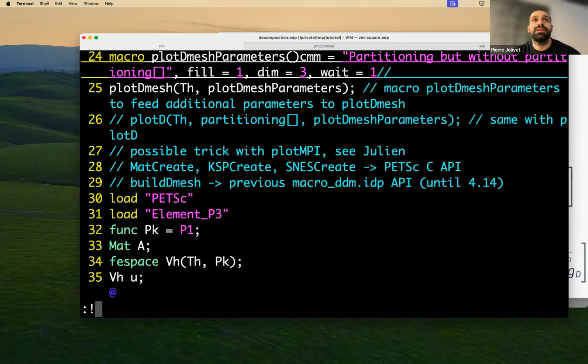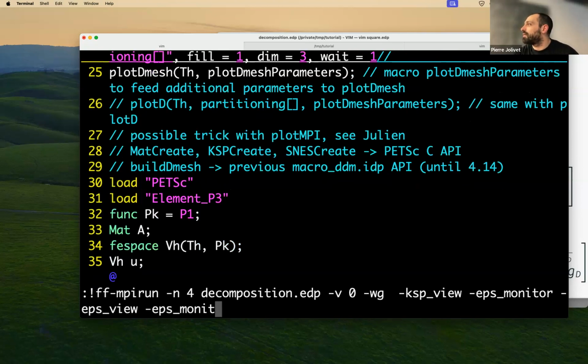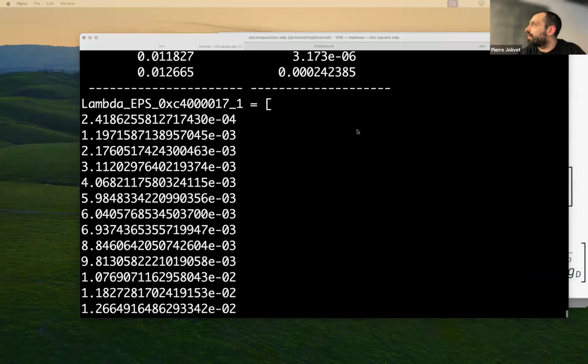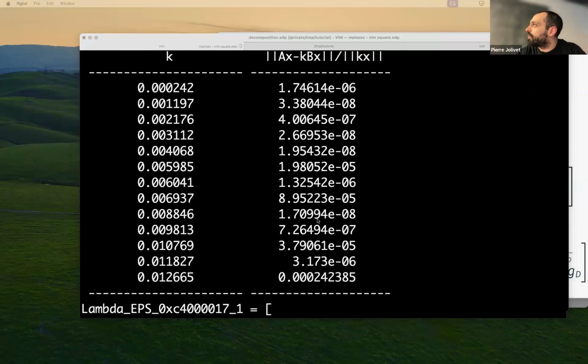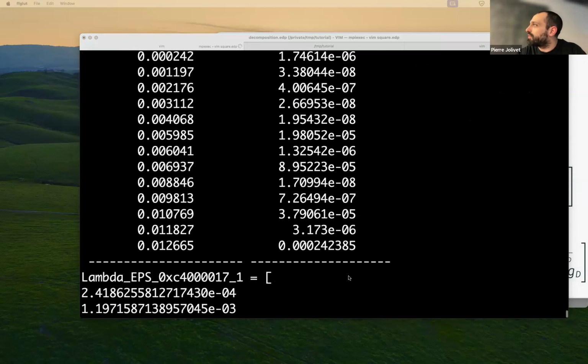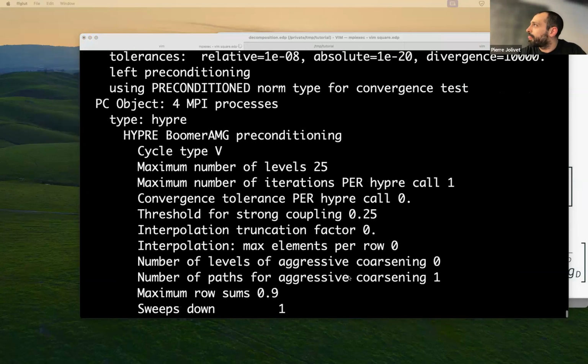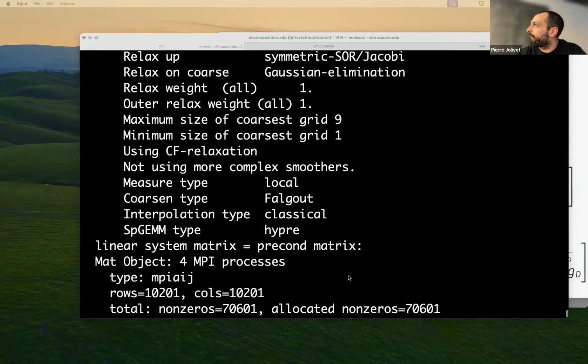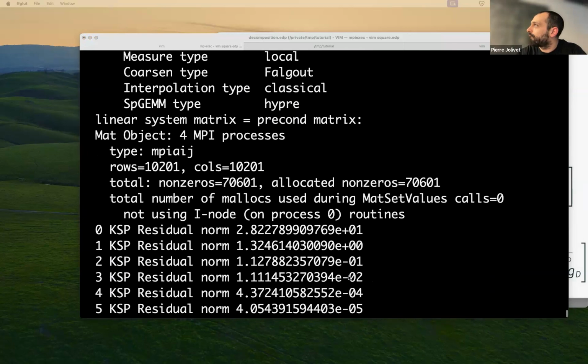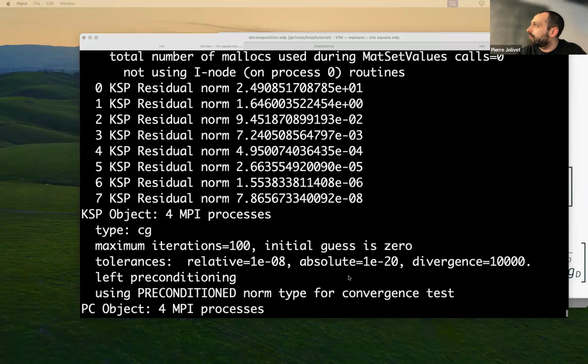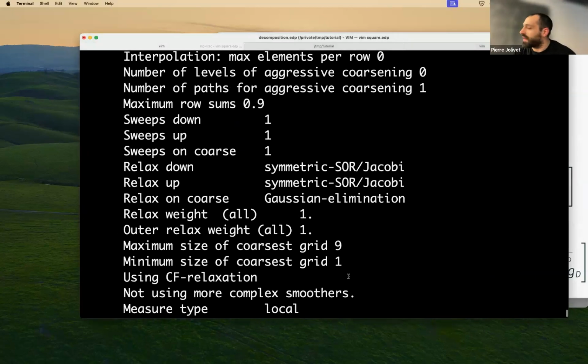On how many processes? So if you do EPS monitor, do you have some sort of log? Actually, there is. Okay, so this is the first eigenvalue problem being solved. No, sorry, this is the second. There is too much text. Okay.